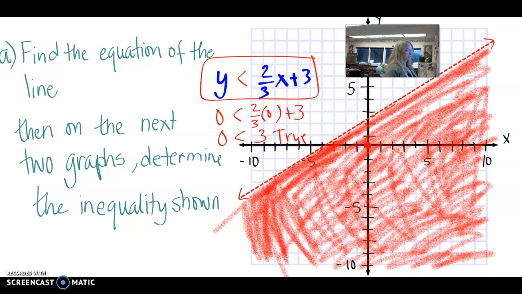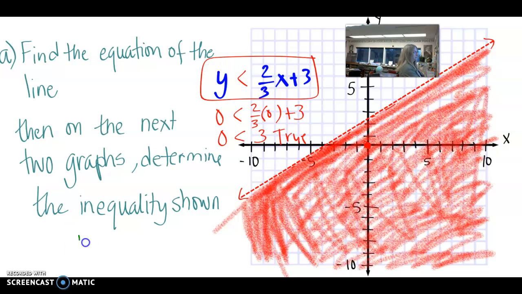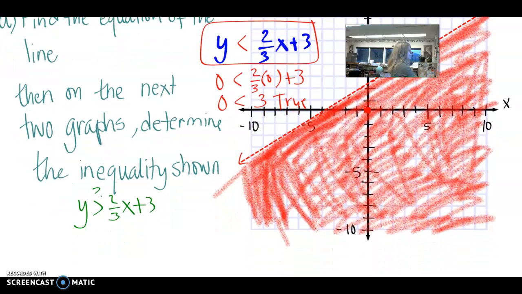So had your initial guess been y is greater than 2/3 x plus 3, we don't know for sure, you put in 0, 0. If it makes it true, it's correct. If it makes it false, you know that you have to switch it to the other direction. So putting in 0, 0, is this true or false? 2/3 times 0 is just 0.